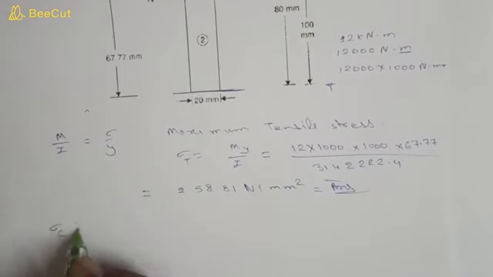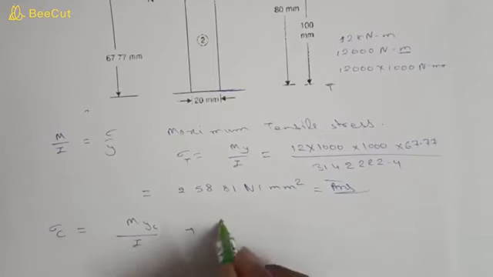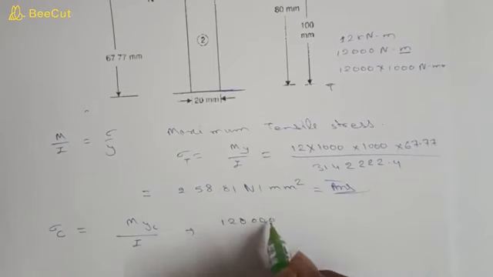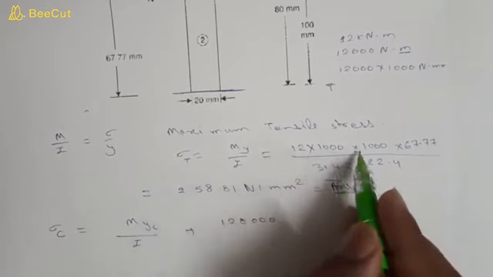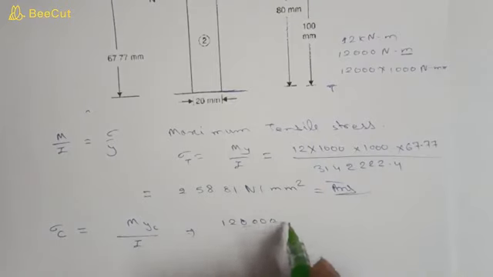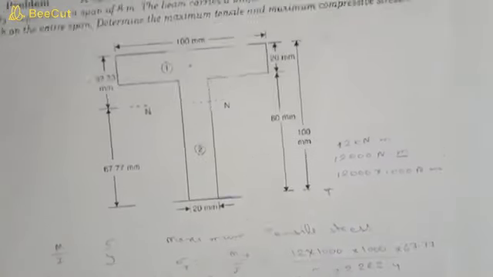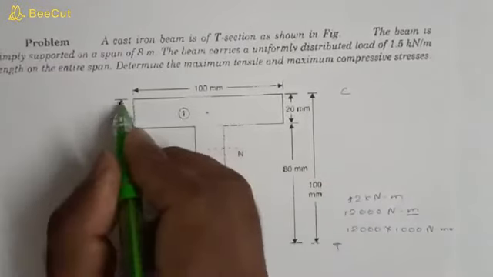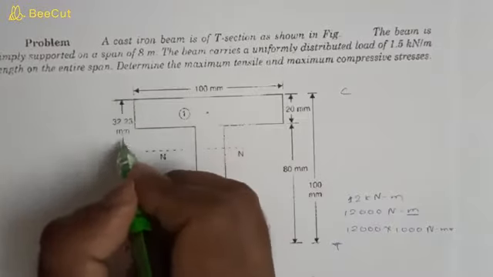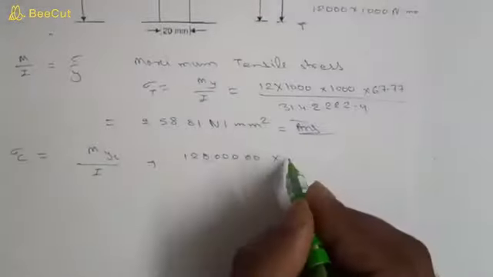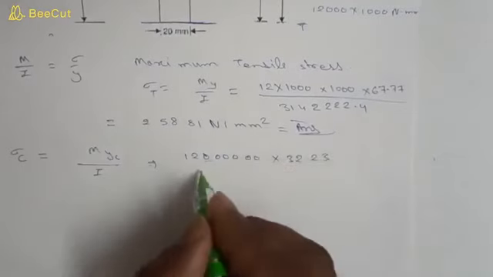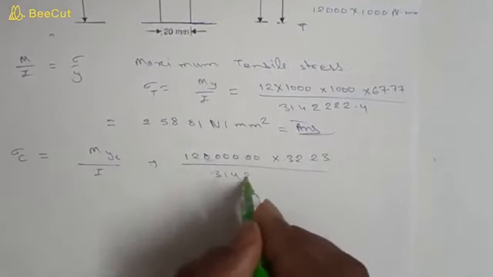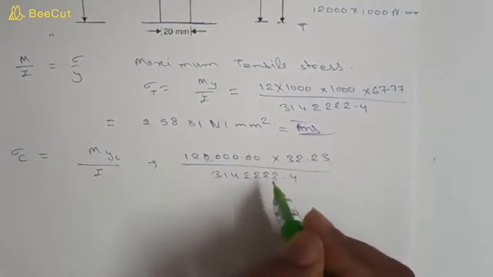Now maximum compressive stress is equal to M y compressive upon I. So here also we will get 12 multiplied by 6 zeros, this is M, and in case of compressive stress, maximum compressive stress will occur at the topmost fiber, so it is 32.23 mm upon I, which is 3142222.4 mm to the power 4.